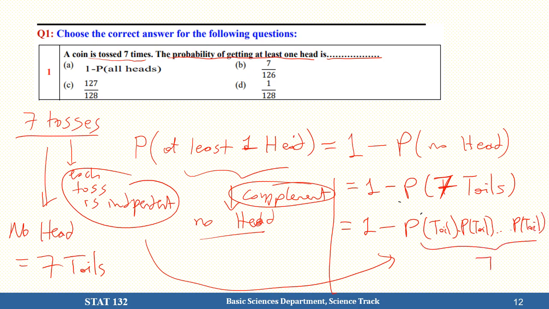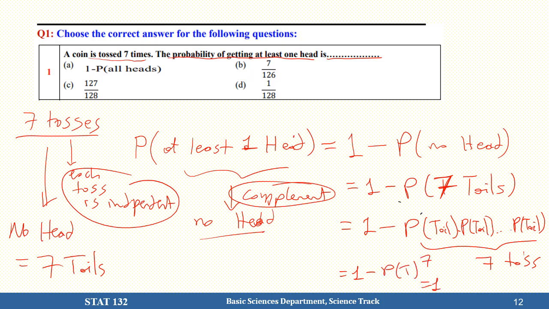So it will be 7 tosses here. So this will be just 1 minus the probability of a tail to the 7th power, which is 1 minus 1 over 2 to the 7th power, which is 127 over 128. So this will be C.